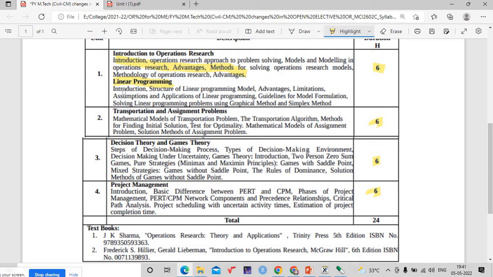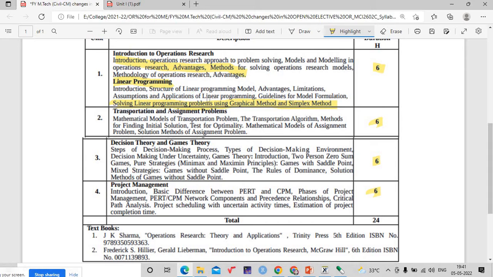First, in terms of linear programming, it includes the linear programming model, as I told you, its advantages and disadvantages once again, applications of linear programming and assumptions for the same, how to formulate a model for a given problem, and how to solve it using the two important methods in linear programming called the graphical method and the simplex method. So all that part we will be covering in the second half of the first unit, and which may require 4 or might be 5 hours to complete. So that duration we will manage later on.